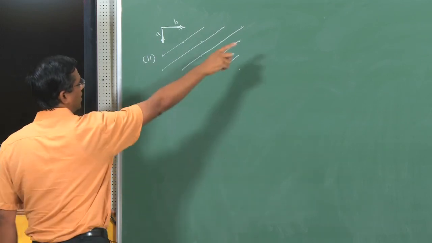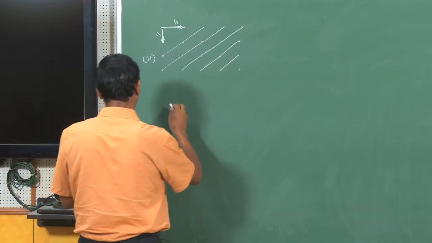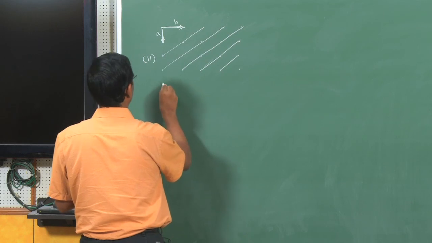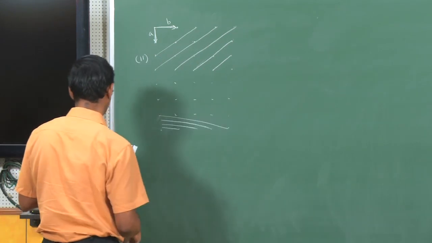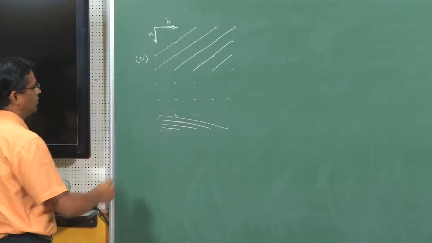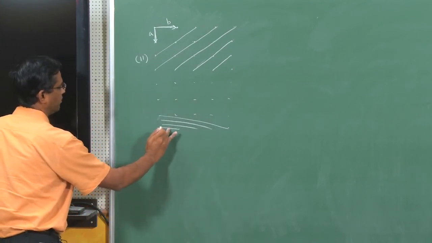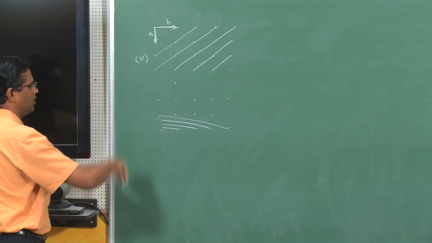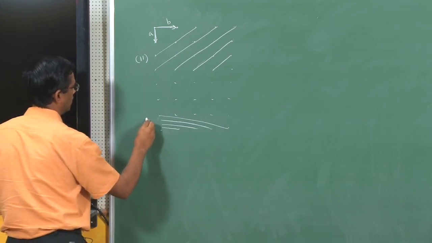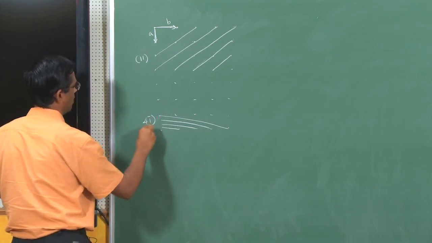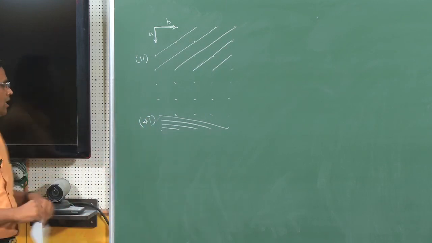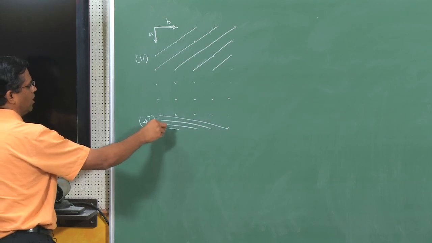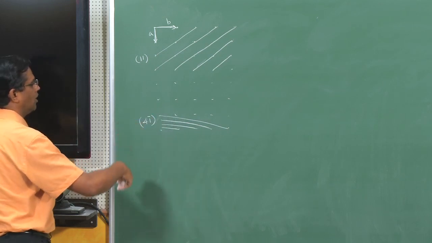Suppose I extend this lattice further. What I have done here is, suppose I look at spacing of this nature, it is like 4 1 bar. Why 1 bar? I have changed the direction, and you see this is 4 units, 1 2 3 4, so it is 4 1.